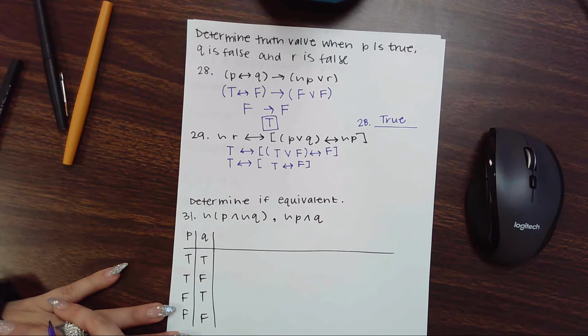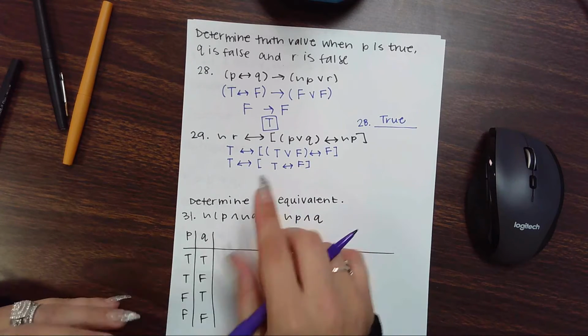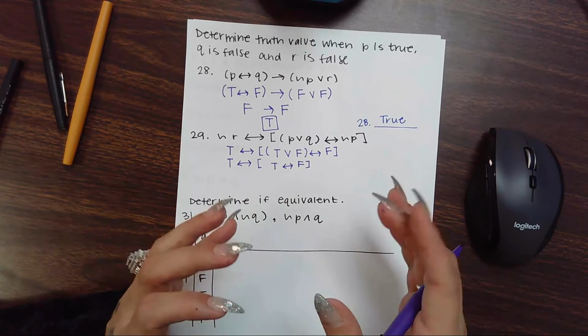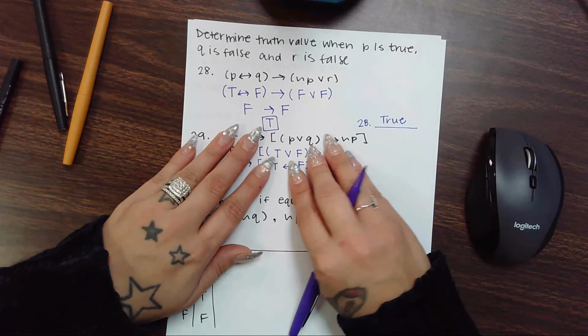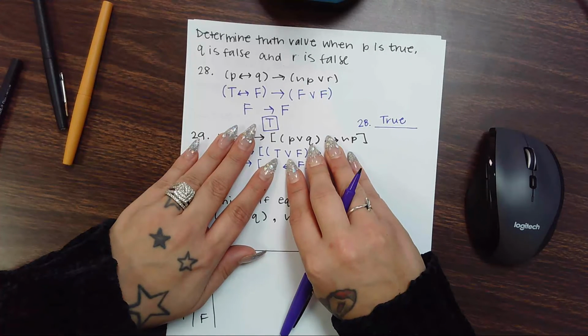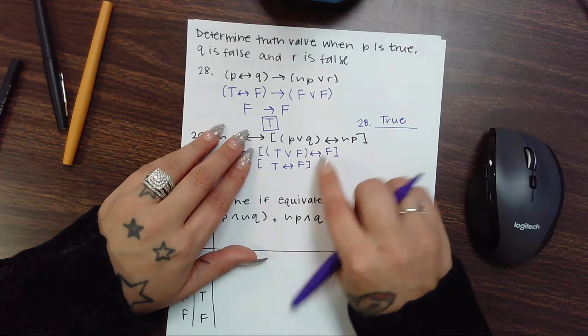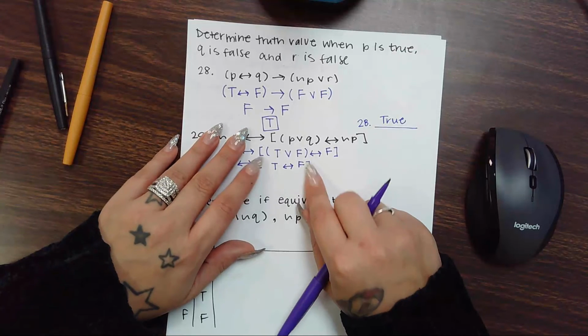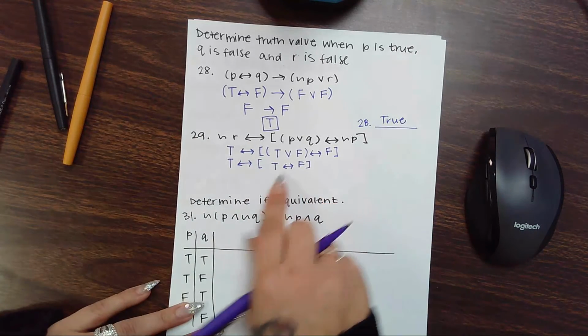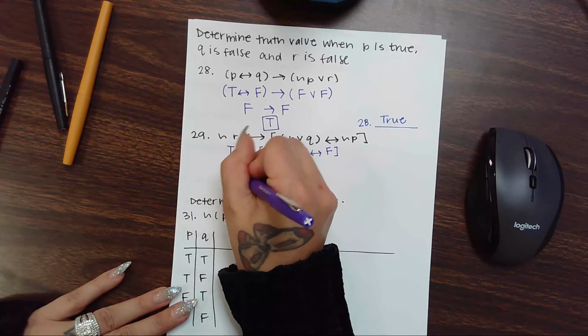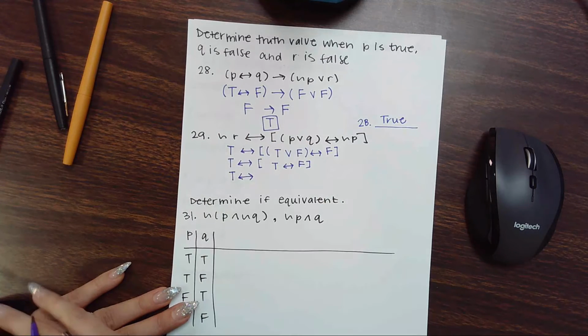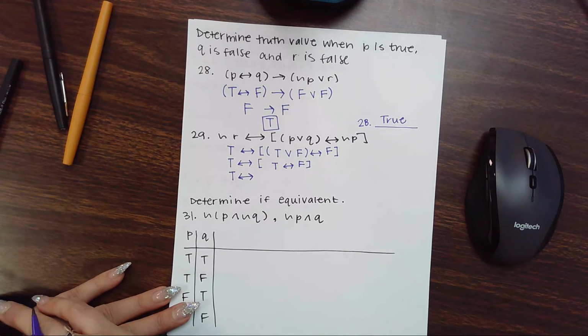Now, these brackets are still like parentheses. You need to do that first. Okay? So I did right here first. I did the T or F first. Now, after I've done that, I still have some parentheses left. They're just in the form of brackets. So I have not touched this at all. You look inside of those brackets. T, if and only if F. Biconditional points both ways.